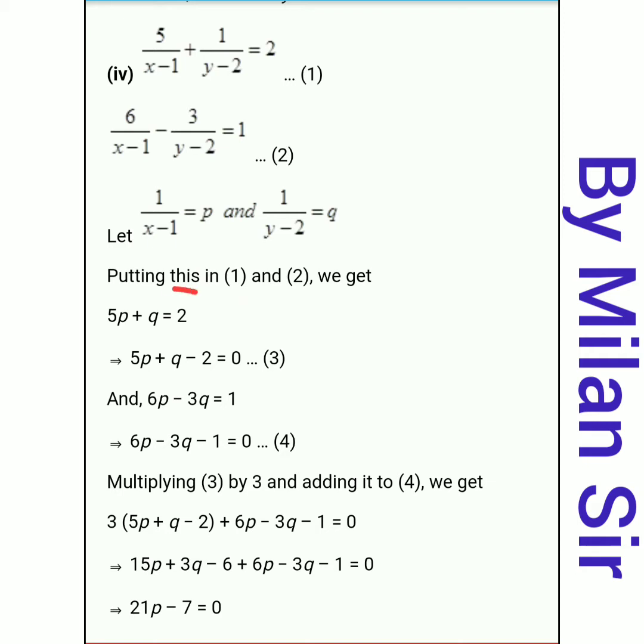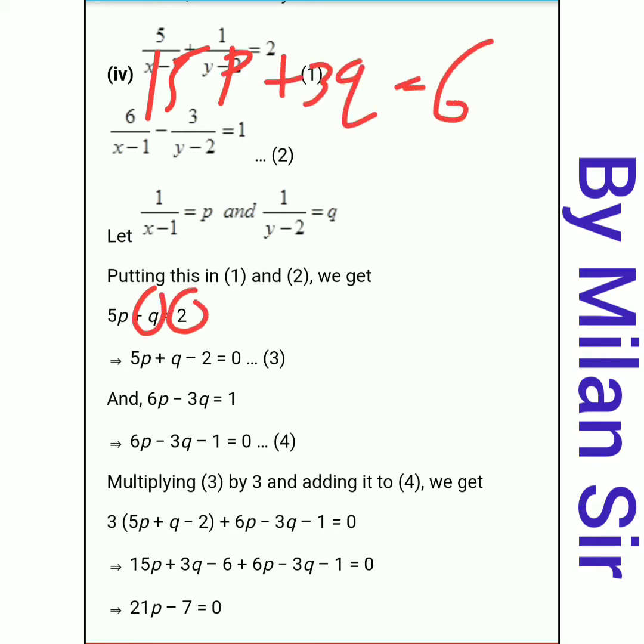So multiply equation number 3 by 3. Here 5 3s are 15p, then q into 3 is 3q, equal to 3 times 2, which is 6. So 15p plus 3q is equal to 6.